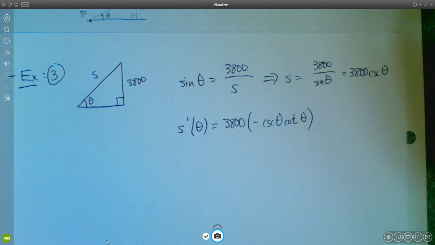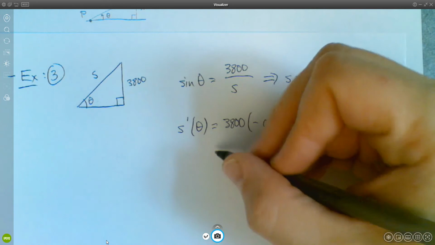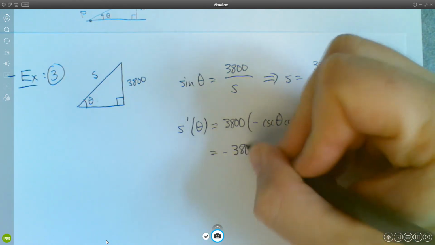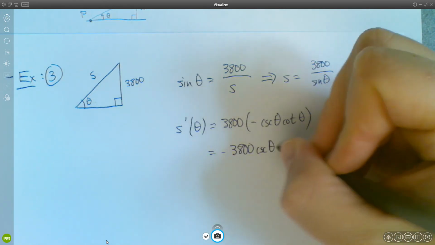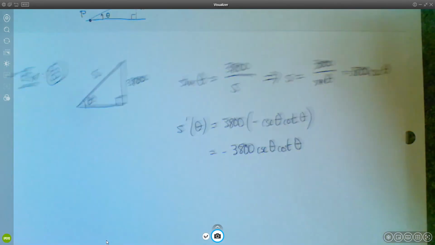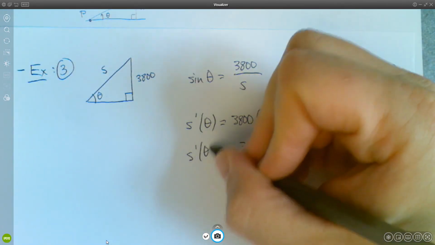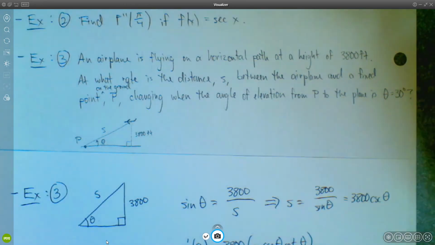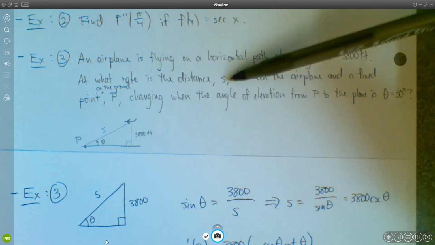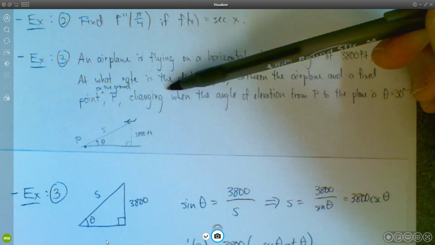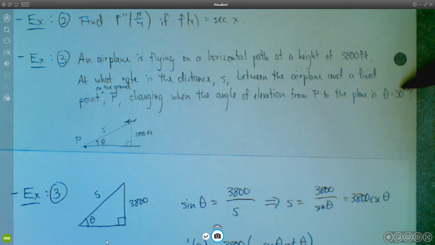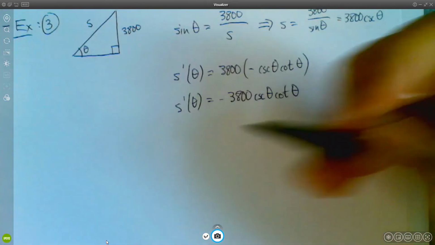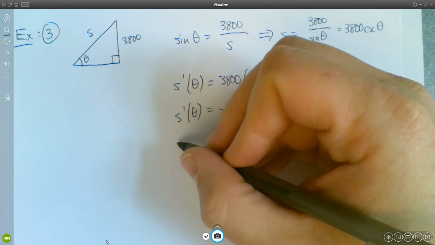Okay, so there we go, right? So this is negative 3800 cosecant cotangent. That's s prime of theta. Now the question is, at what rate is the distance changing when the angle of elevation is 30 degrees? So when theta is 30 degrees. So now I just go back and plug in 30 degrees for theta.